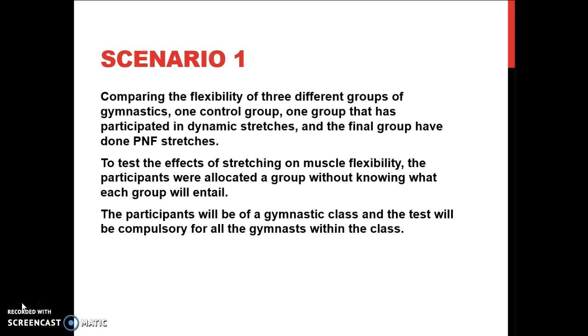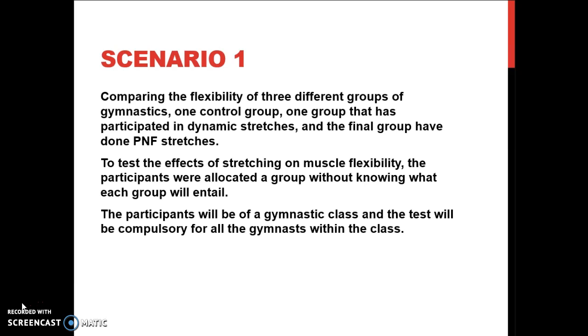To test the effects of stretching on muscle flexibility, the participants were allocated to groups without knowing what each group will entail. The participants will be of a gymnastics class, and the test will be compulsory for all gymnasts.